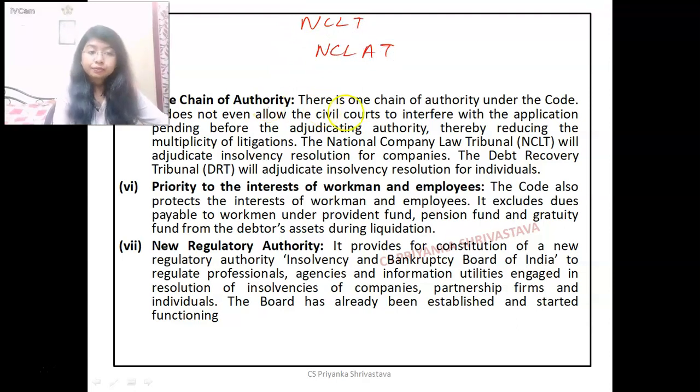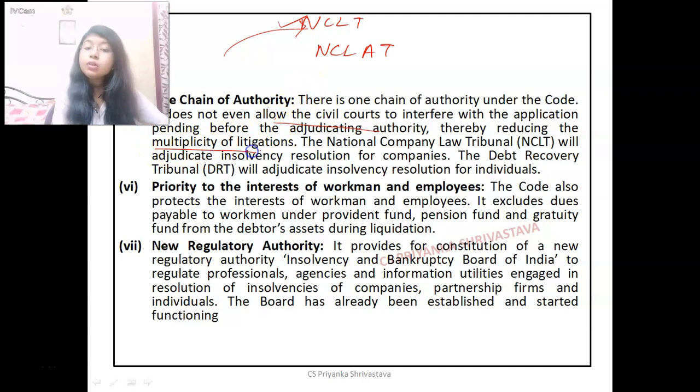Now the civil court will not interfere in an application which is filed before NCLT. So any application with respect to IBC, if it is filed with NCLT, then the civil court does not have any authority to interfere in these proceedings.